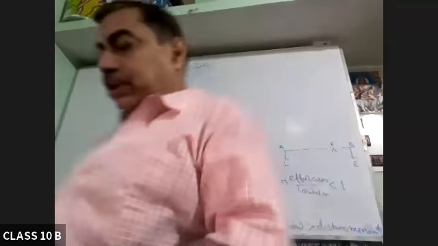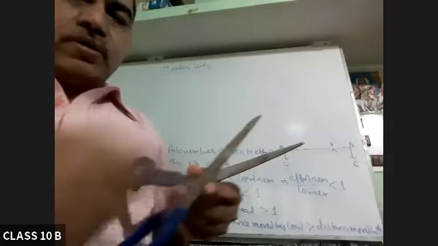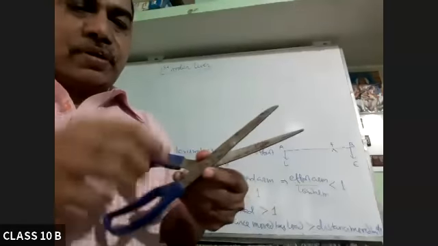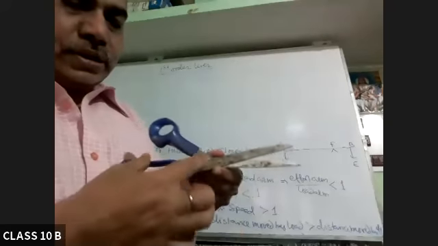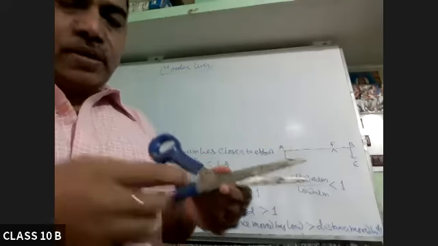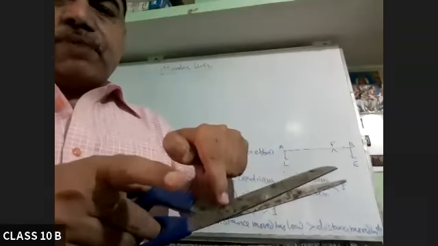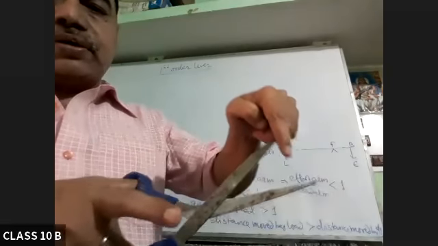So this situation is, suppose in this case, a pair of scissors we call. Here also again, two levers are there. So here is the fulcrum. This is the load arm. This is the effort arm. So here we are applying force at this place. Effort from here to here is the effort arm, whereas load from here to here.